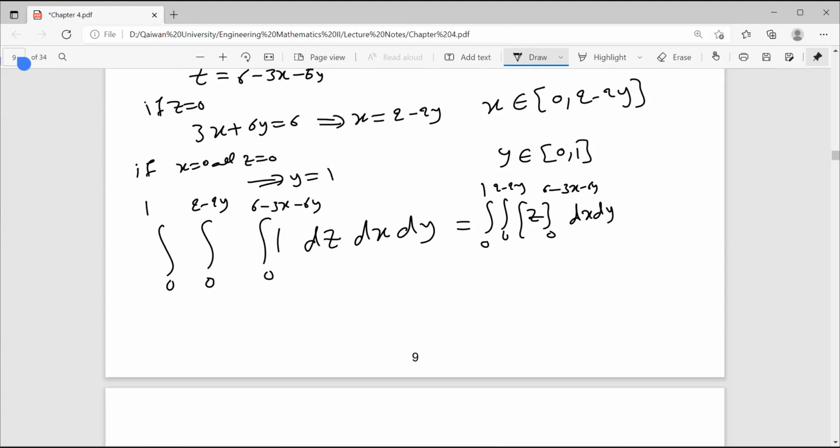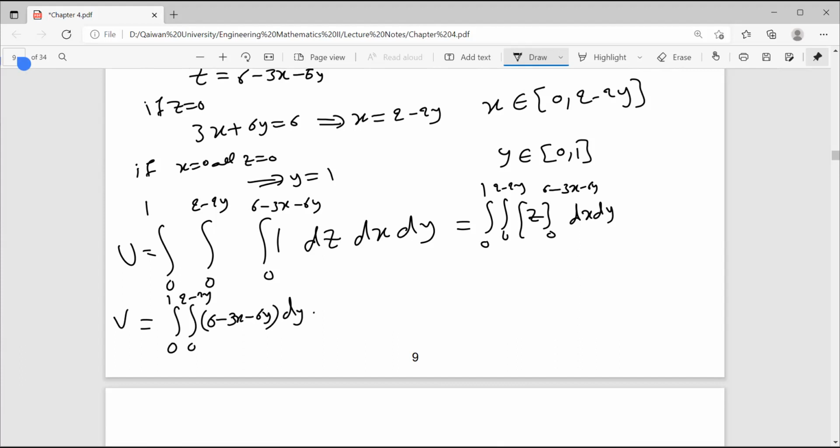If we replace z by the upper and lower limits, we get 6 minus 3x minus 6y. So the volume equals the double integration from 0 to 1 and from 0 to 2 minus 2y of 6 minus 3x minus 6y, then dy.